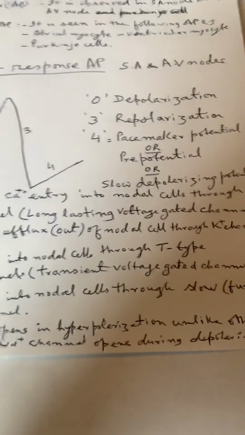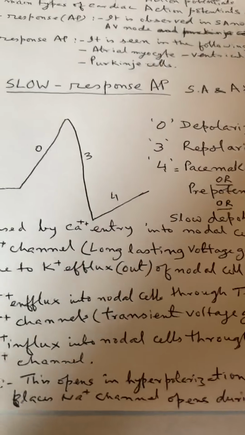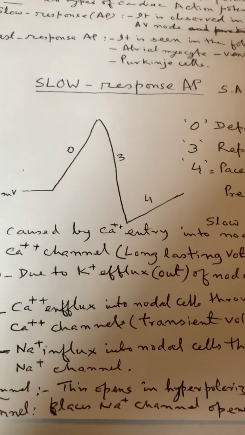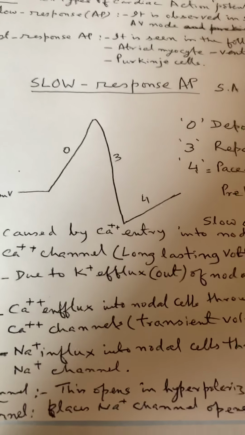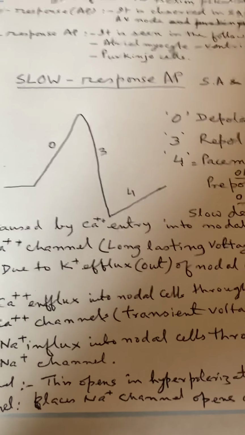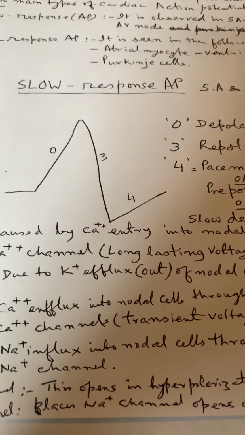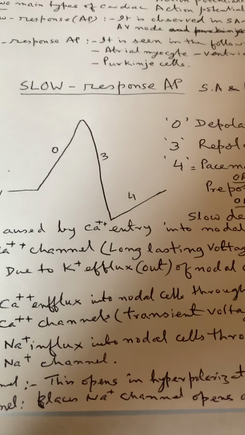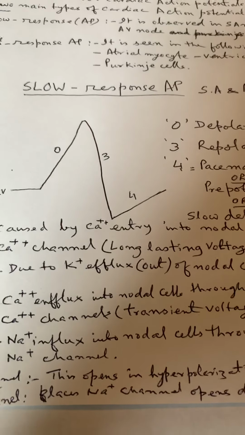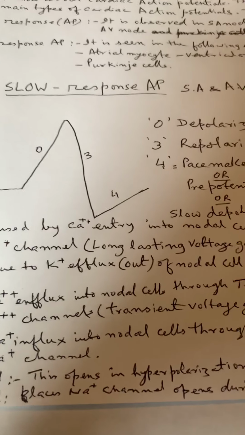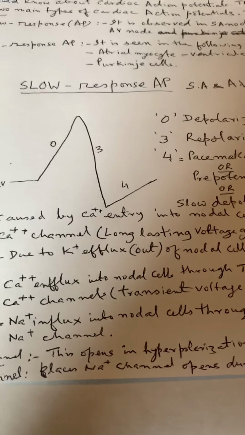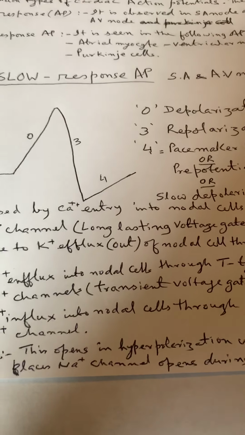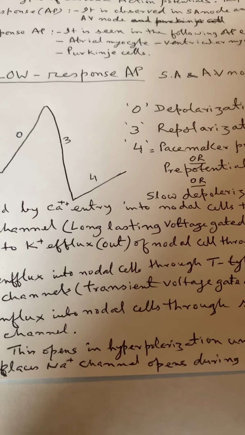Now the difference between the SA node and AV node is not of shape. The shape will be the same. It is only that the speed is slow in the AV node. The duration will be the same, but the slope is not as steep; it is slightly flat in the AV node.